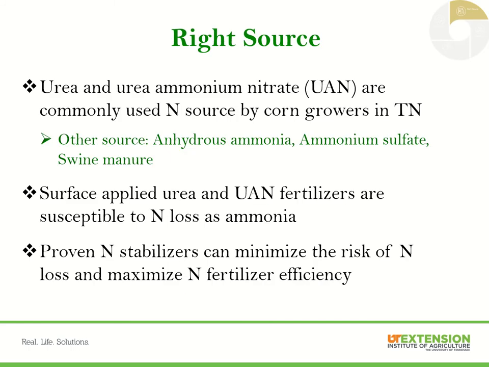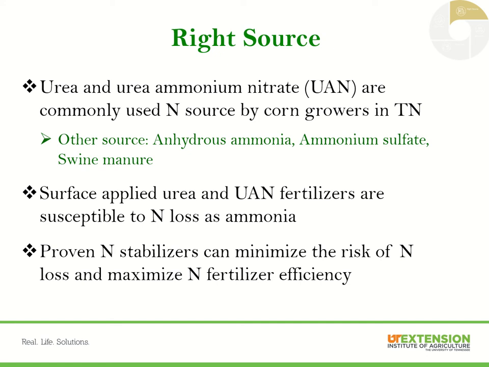So the first R is the right source. Urea and urea ammonium nitrate are commonly used nitrogen sources by corn growers in Tennessee. Of course, there are other sources like anhydrous ammonia, ammonium sulfate, swine and poultry manure.